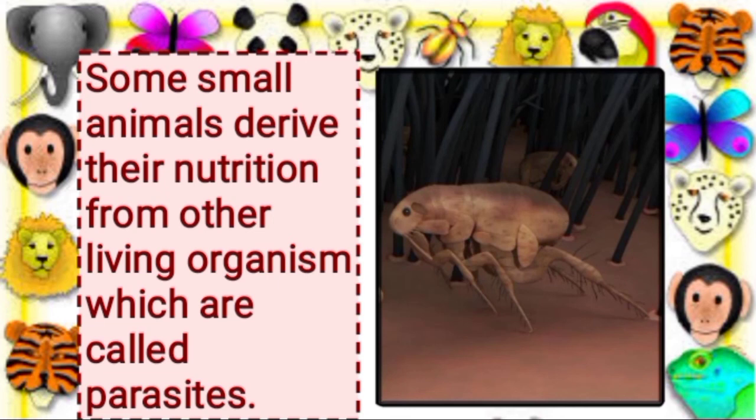So we can say that some small animals that derive their nutrition from other living organisms are called parasites, and they may live on or inside the body of their host.